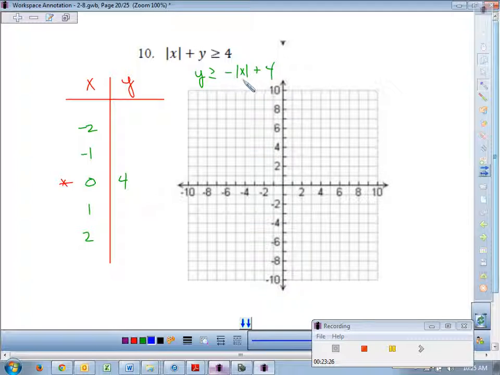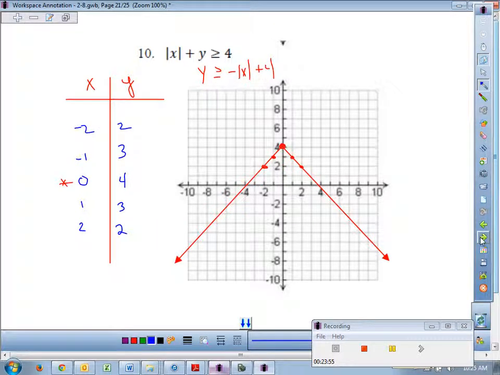So that makes it a -1 plus 4, which is 3. And if we put 2 in, we would get 2 back. So 0, 4, 1, 3, 2, 2. And it should be opening down. Solid or dash? Solid.